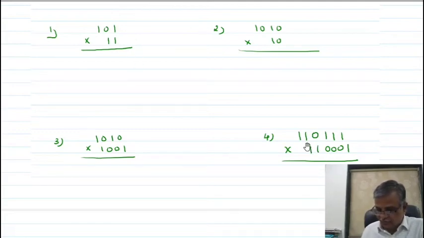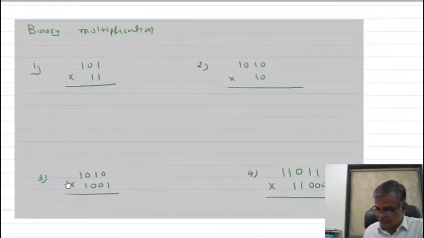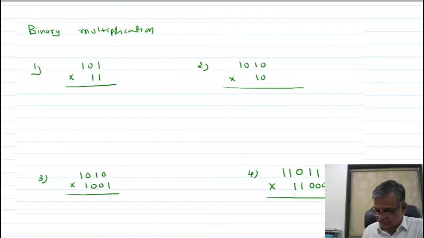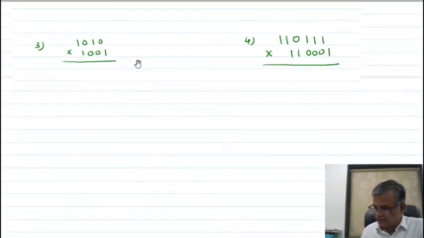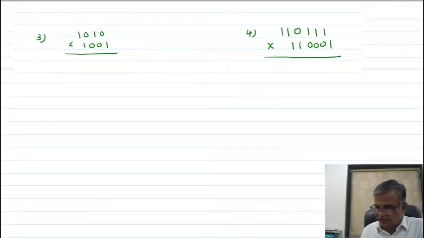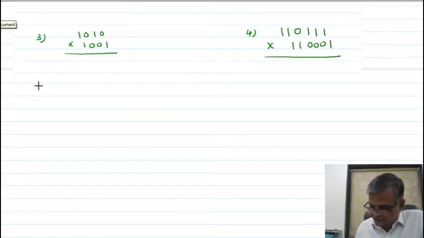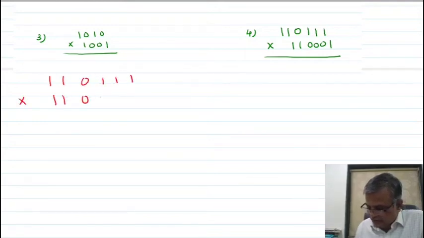Let us perform for this. For this I am showing you this multiplication: 11011 multiplied by 11001.